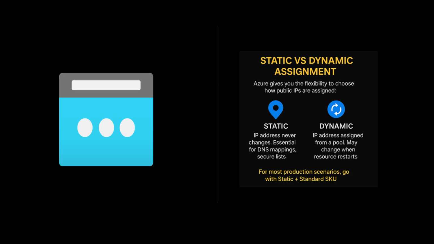On the other hand, if you choose dynamic assignment, the IP address is pulled from a pool and can change, especially when the associated resource is stopped and restarted. This approach is typical for non-critical workloads or scenarios using the basic SKU. For most production environments, your best bet is to use a static IP with the standard SKU. This gives you both consistency and control, which are essential for secure and stable deployments.